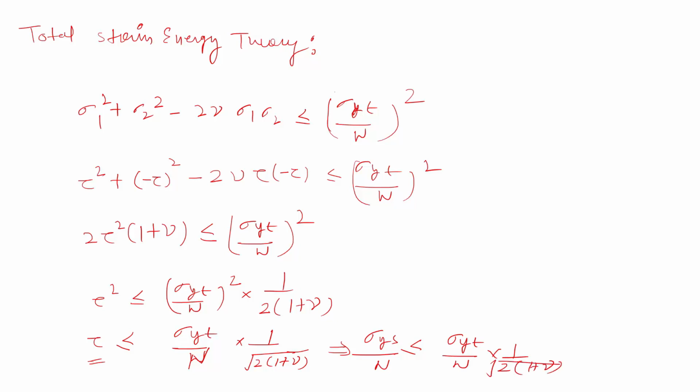So this n will get cancelled out, and the relationship becomes sigma ys is equal to sigma yt over under root 2 times 1 plus mu.